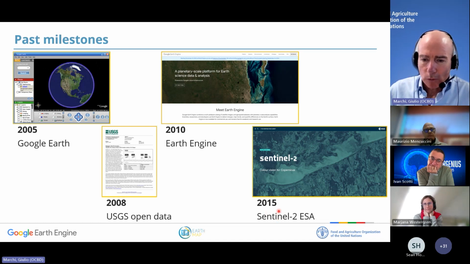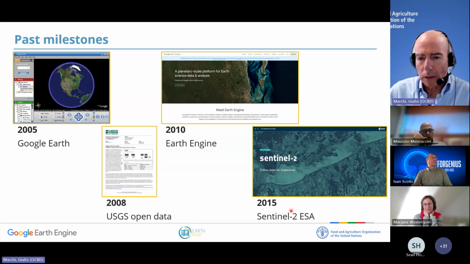Just to finish the milestones, the ones I consider milestones is, of course, in 2015, the release of Sentinel-2 from the European Space Agency, that at least in our domain is one of the most used products for remote sensing.